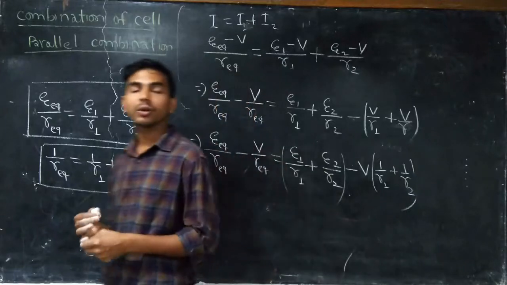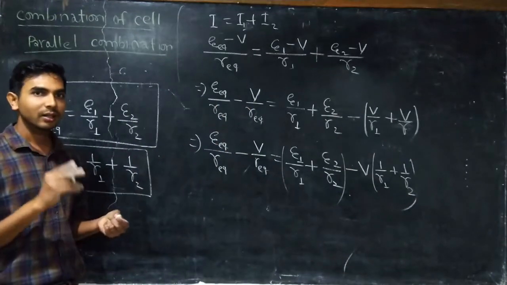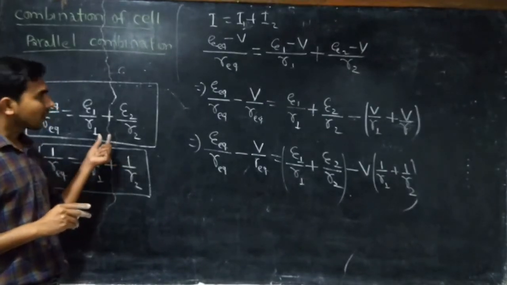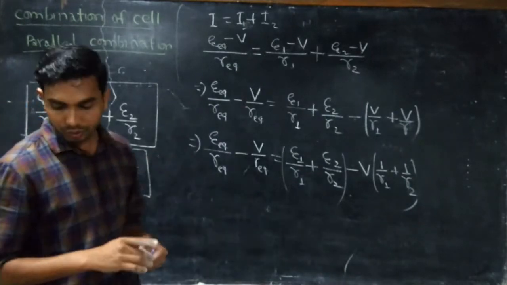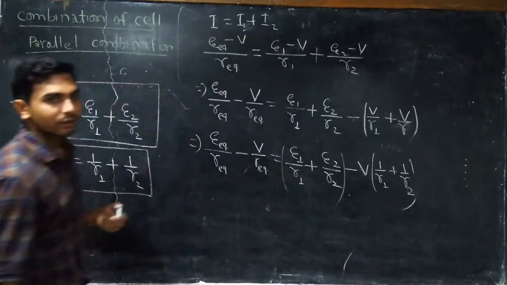Here you are able to see that in this combination I have taken two cells, so this kind of formula is coming. Similarly we are able to write for n cells also. So if I write for n cells, the formula will come like this.